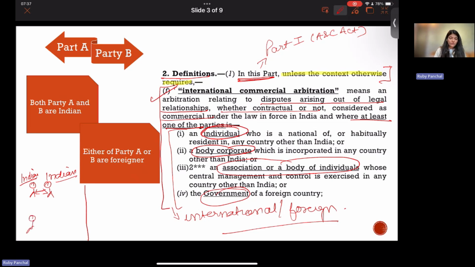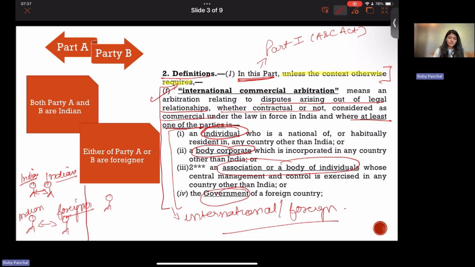Now let's say one of the parties is Indian and another party is foreigner. Then this could be a case of international commercial arbitration as per 21F, because that is what is required. At least one of the parties is international.